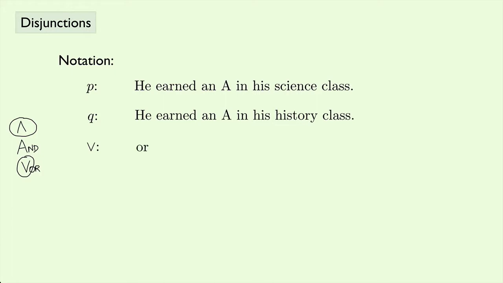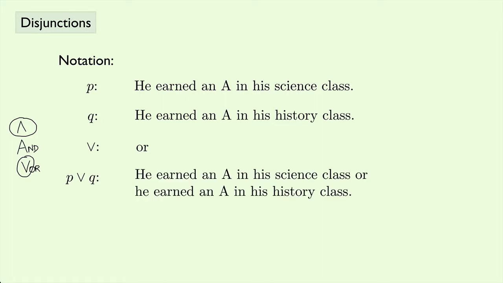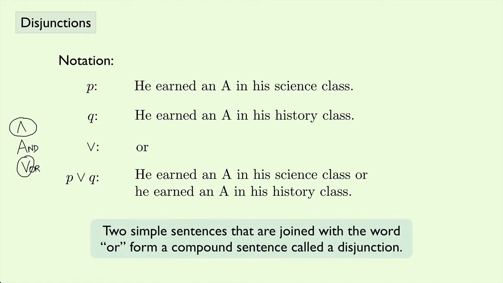So this is going to be or. So this would be P or Q. He earned an A in his science class, or he earned an A in his history class. Two simple sentences that are joined with the word or form a compound sentence called a disjunction. So if you remember, and formed a conjunction, or forms a disjunction.